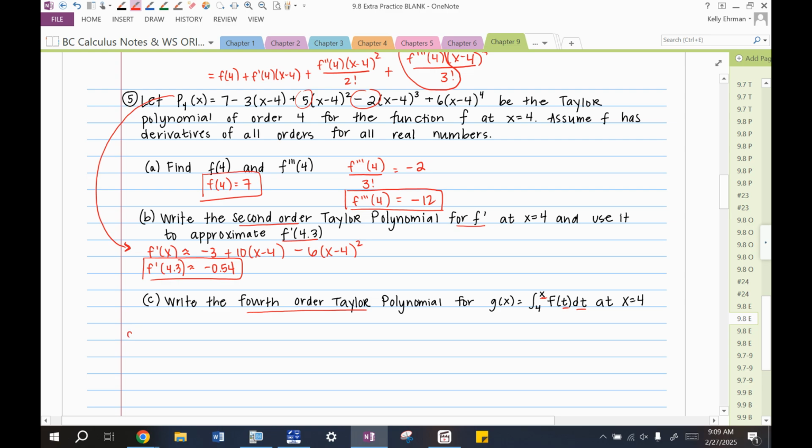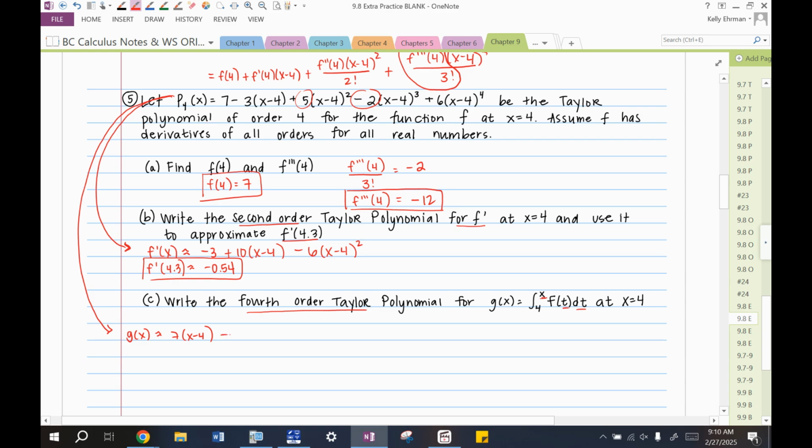So g of x is approximately equal to, so go back to the original and just start integrating terms. So 7 becomes 7 times not just x, but x minus 4, because we're centered at 4, right? So you're just adding 1 to your exponent and getting the linear term there.